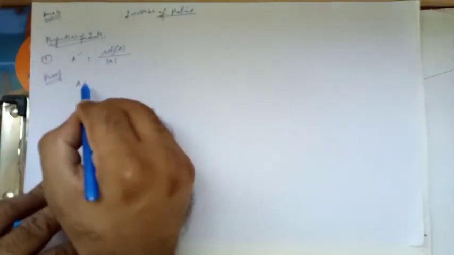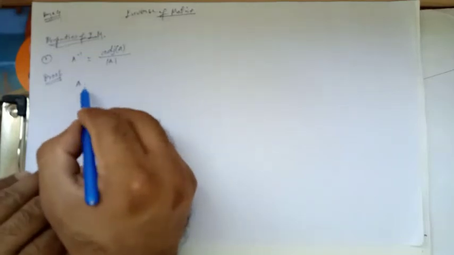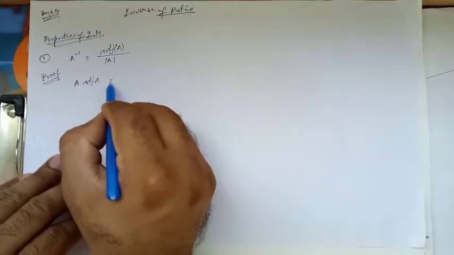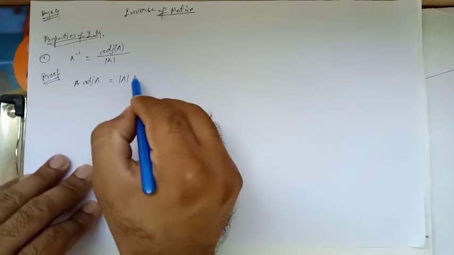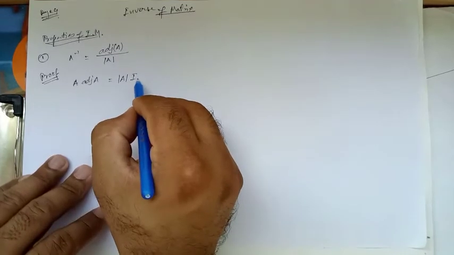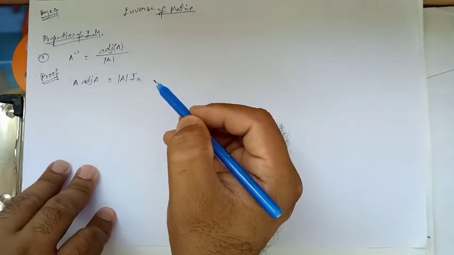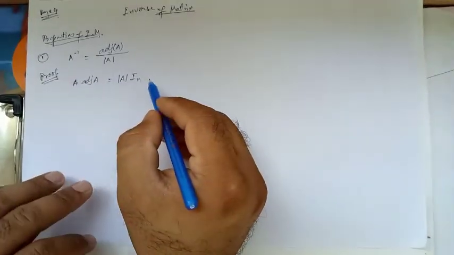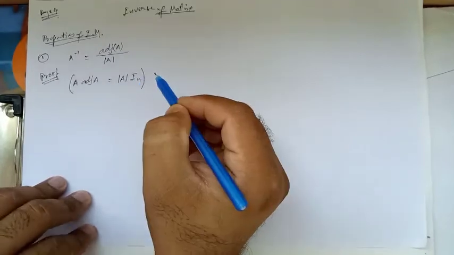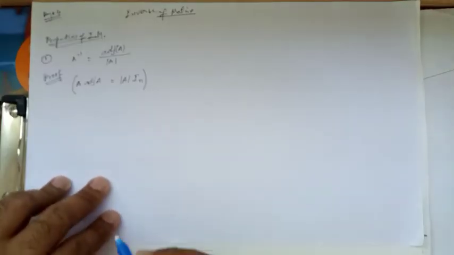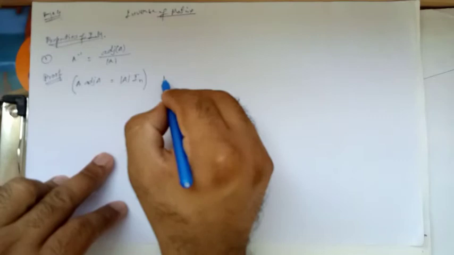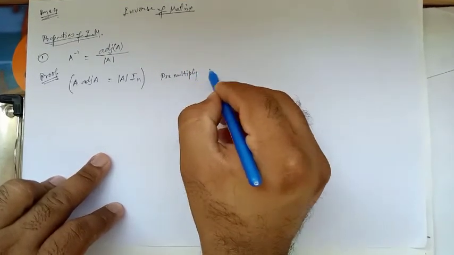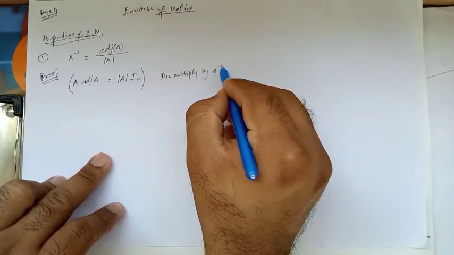let us consider the result we have seen in the previous slide, that A into adjoint A is equal to determinant of A into I n, that is of nth order. What we are doing is pre-multiplying by A inverse.